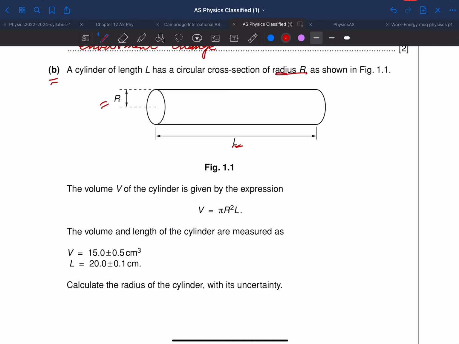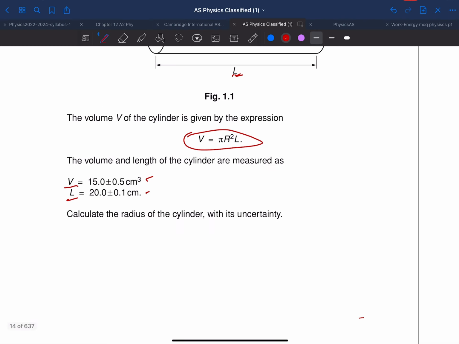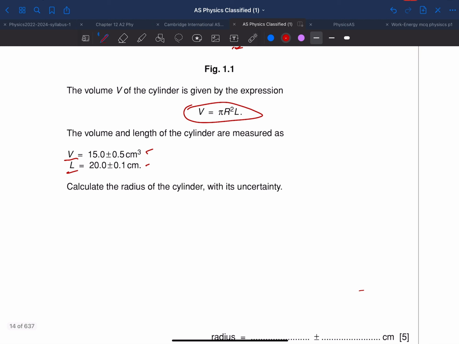These are two things, and they have given you the value of the volume and length. The volume V of the cylinder is given by the expression, and the volume and length of the cylinder are measured as given. So calculate the radius of the cylinder with its uncertainty.